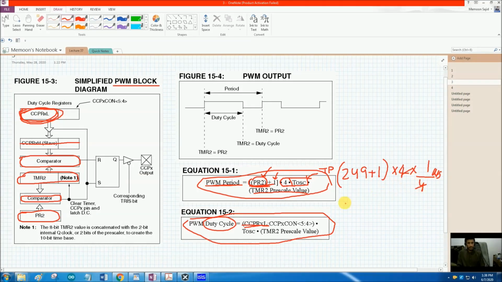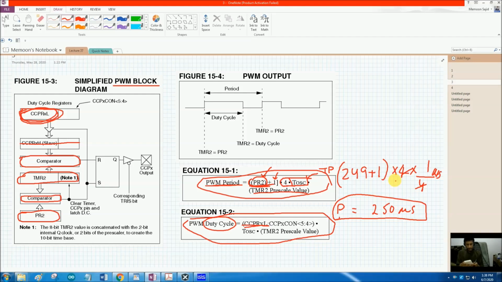So the 4 is cancelled and the PWM period will be equal to 250 microseconds. The total time period for our PWM will be 250 microseconds. So 250 microseconds means that we will have a frequency of 4000 Hertz, or 4 kilohertz.